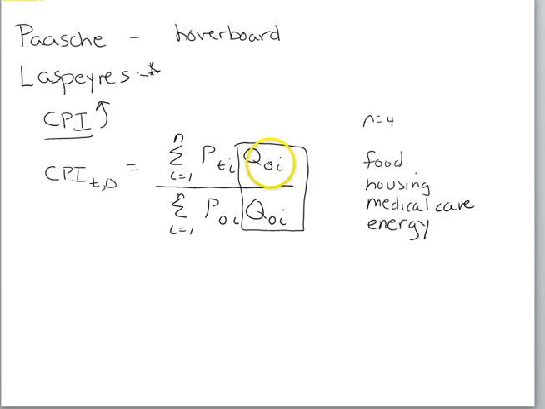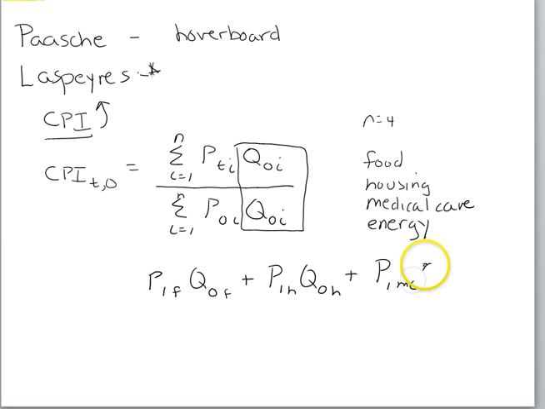So if we were to take the top of the equation, we would say, what was the price today in time period 1 of food, and multiply it by the quantities I bought yesterday of food, and add that to the price in time period 1 of housing multiplied by my base period quantity of housing, and add to that my price in time period 1 of medical care multiplied by the quantity of medical care in time period 0, and lastly add the price in time period 1 of energy multiplied by the quantity in the base period of energy.